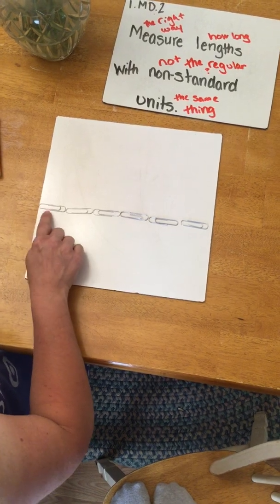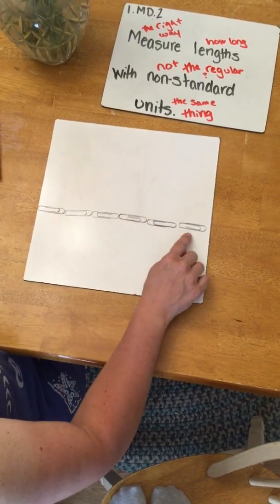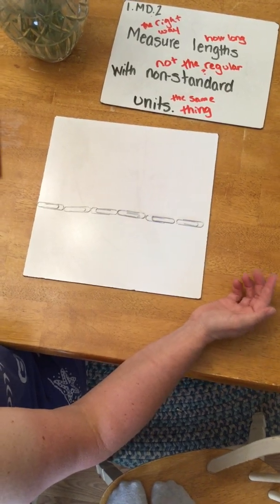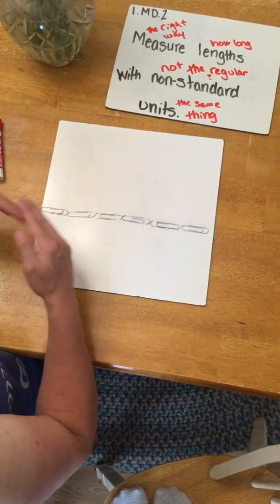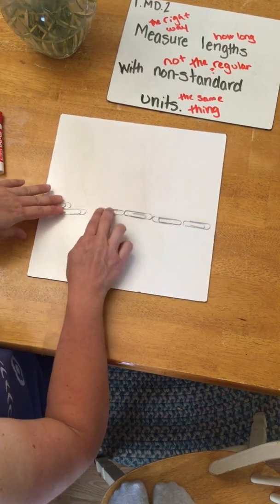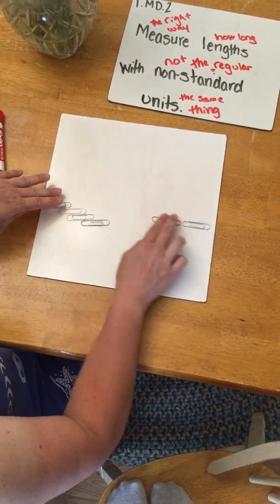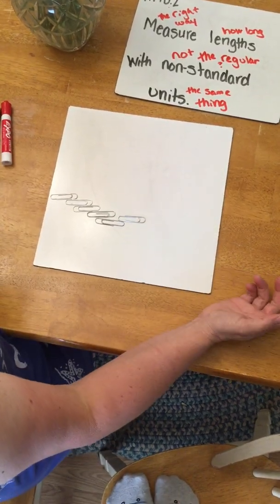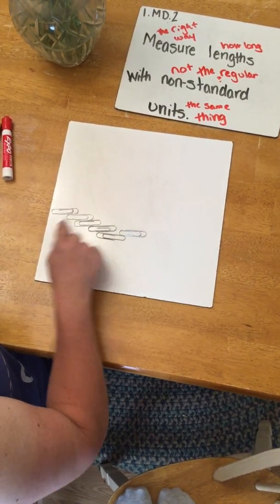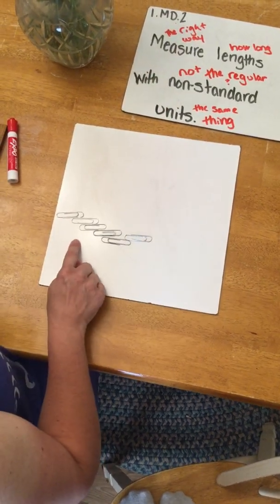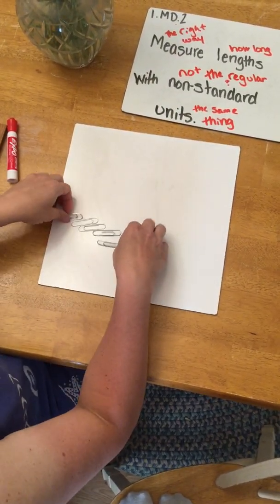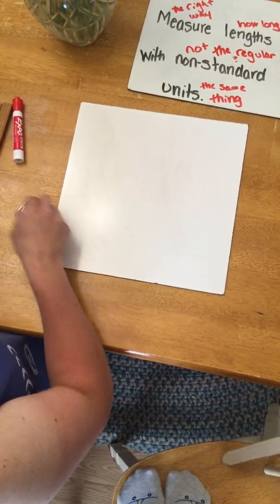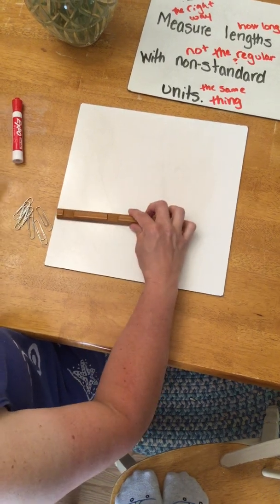So my whiteboard is 1, 2, 3, 4, 5, 6 paper clips long. I think that's right. You have to make sure that they don't overlap. You don't want to have them go like this, because then how many paper clips long is that? We're going to measure today with paper clips, and we're going to measure with Lincoln Logs.